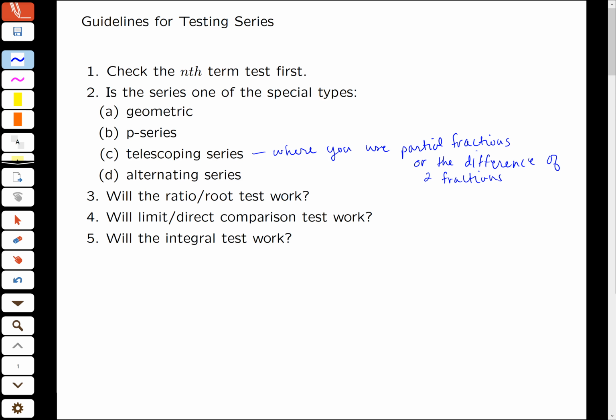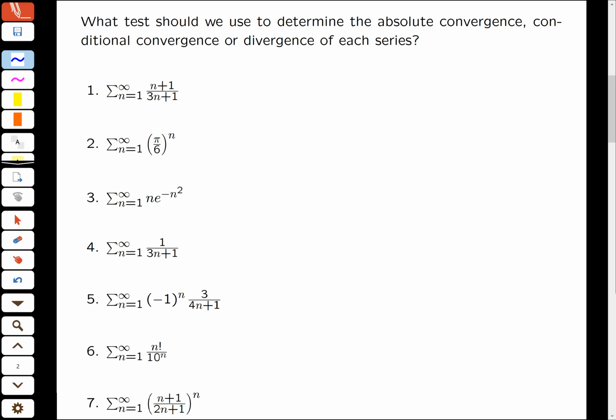So let's look at a bunch of examples. This says, what test should we use to determine the absolute convergence, conditional convergence, or divergence of each series? Look at the first one. Look at your guidelines right there. When you see the same powers of n in both the numerator and the denominator, you should know something about the limit.